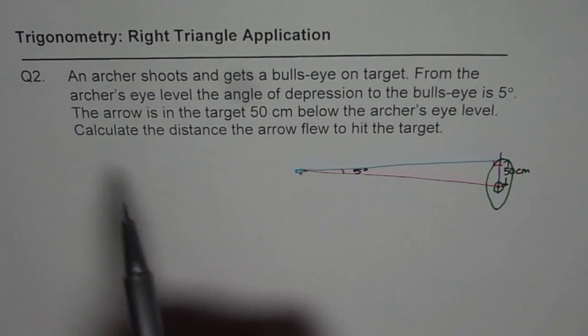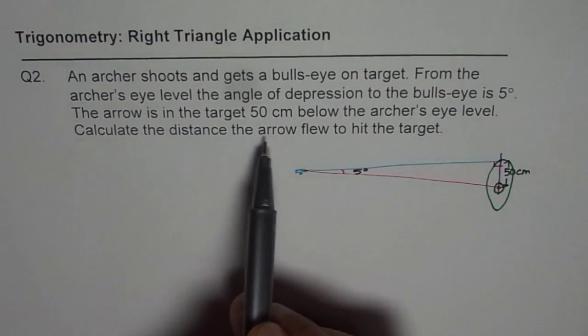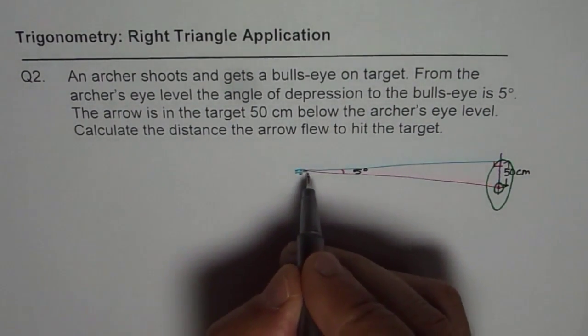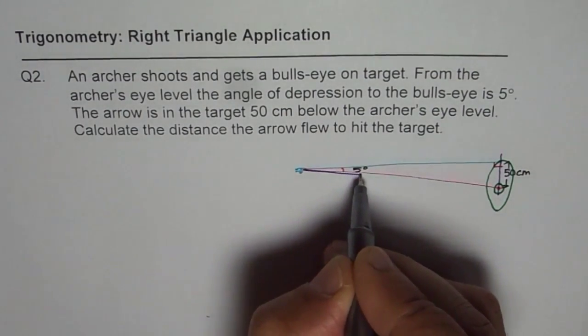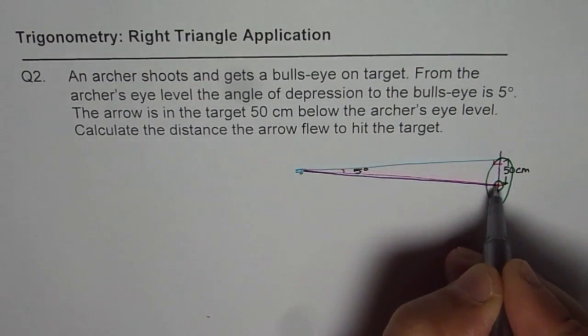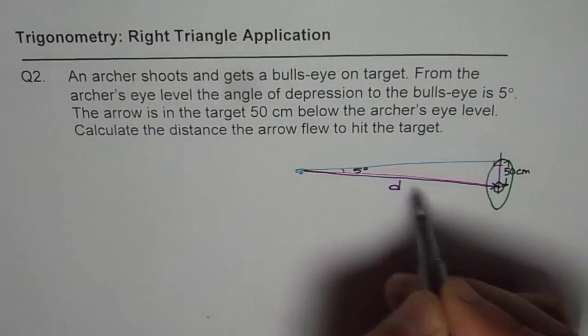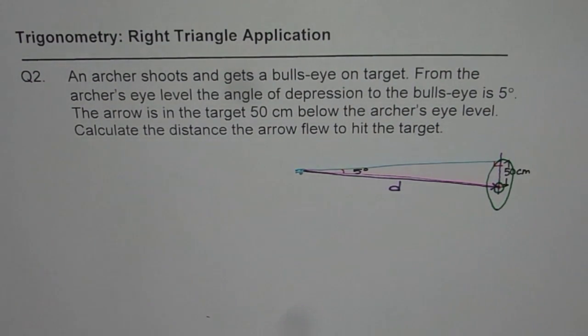Calculate the distance the arrow flew to hit the target. So the arrow is going in this direction, correct? So we have to find this distance. Let me call this distance d. That is how you have to sketch your diagram. Make sure that it is absolutely correct and then solve it. Now it makes all the sense.